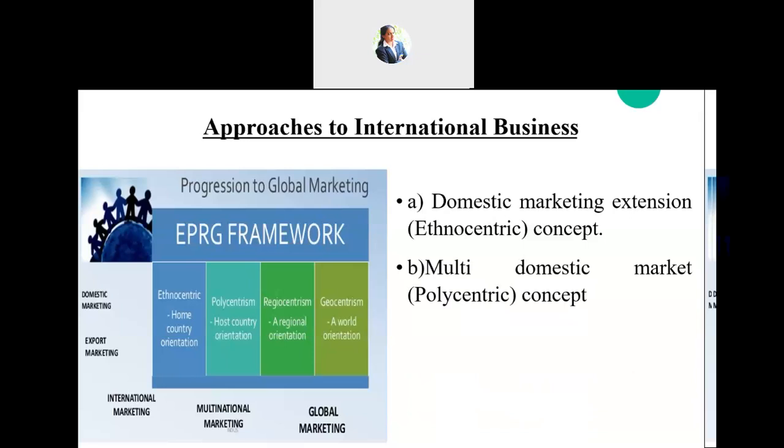Now, what happens when an organization has its mindset under this is that the companies following such operations always see each country in which they are going to start their business as a unique and exclusive opportunity, and they also consider that the business is always best run locally in the international market.